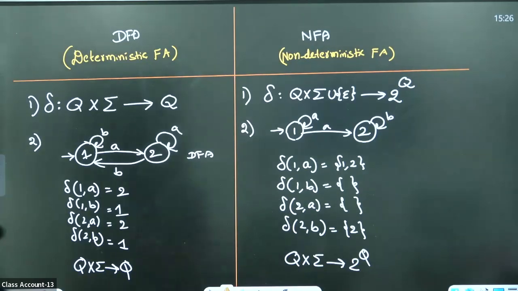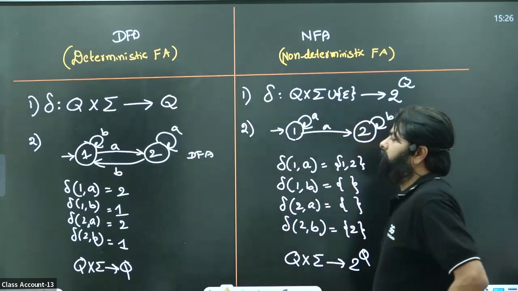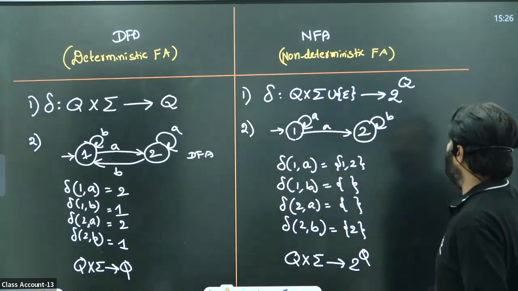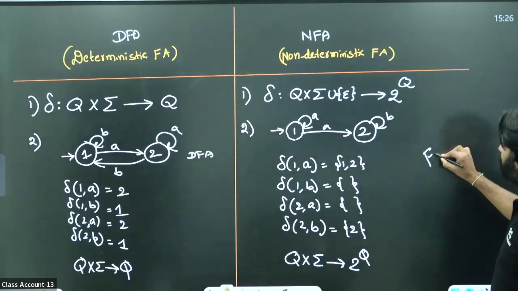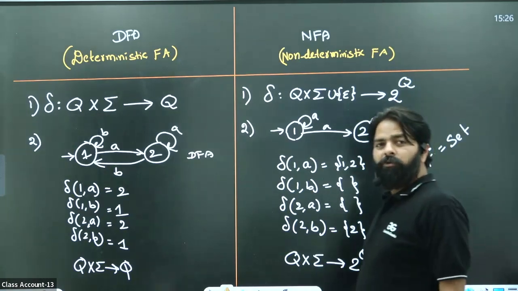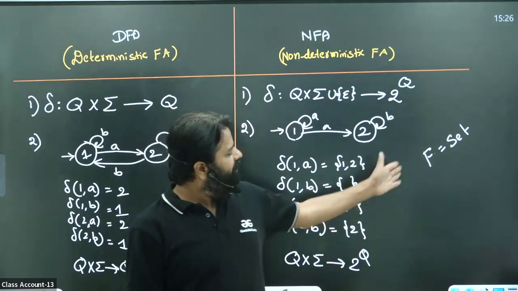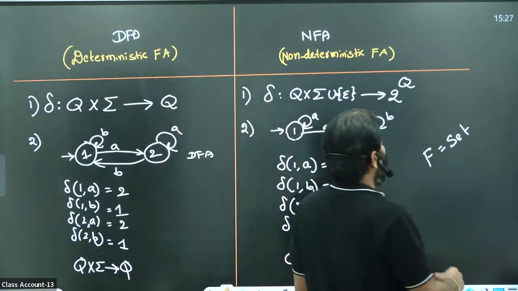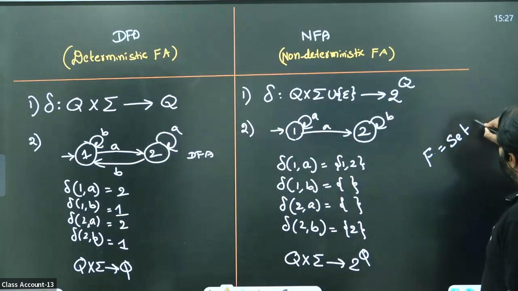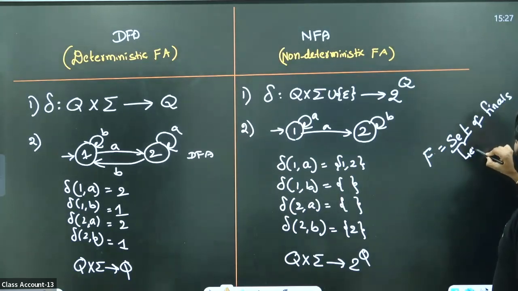Everybody, do you require a final state in the machine? Not required. That's why for F we don't say final states, we say set. F is a set. It could be an empty set or it could be a set which has only one state as a final. F is a set of finals. This set can be empty or non-empty.